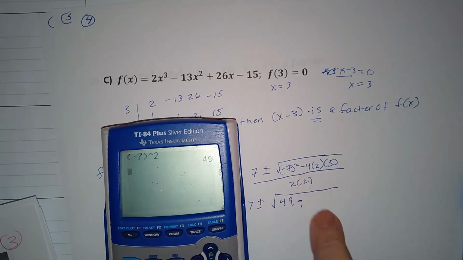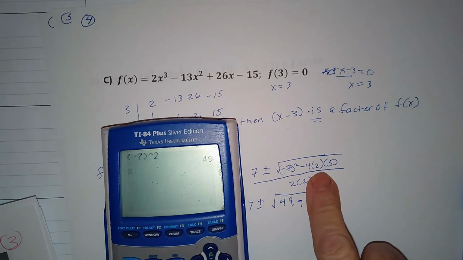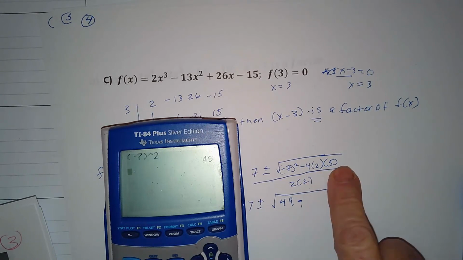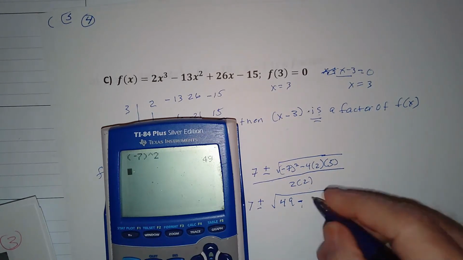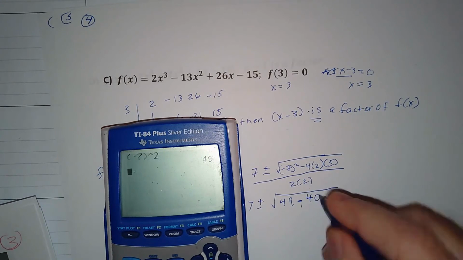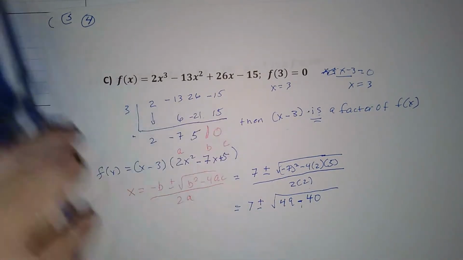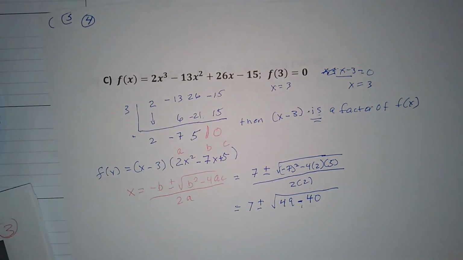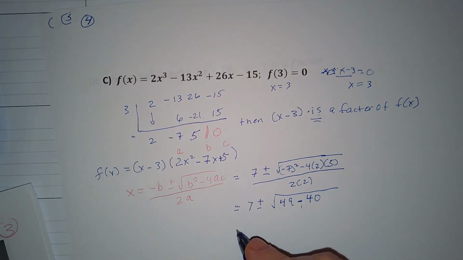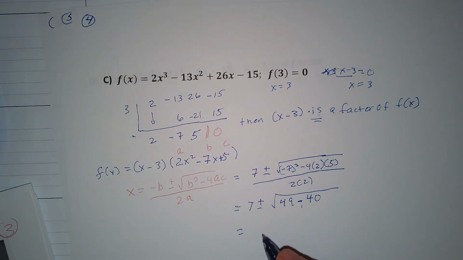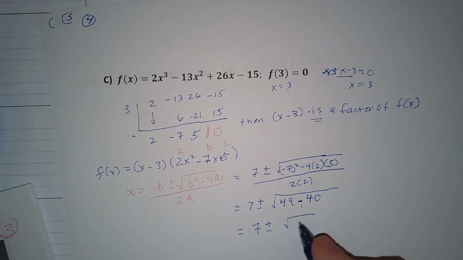I put it negative, minus, and then this is 4 times 2 is 8, times 5 is 40. Much simpler. But you can use the calculator to help you as it works for you. Sometimes for me, I get kind of mixed up in my operations there with the parentheses and the operation signs. So that leaves me with 7 plus or minus the square root of 9, because 49 minus 40 is 9.